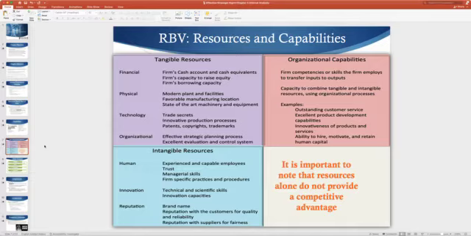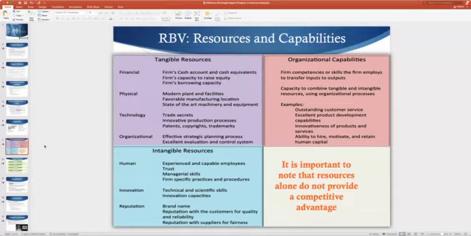Physical. Now we're looking at the plants and facilities and whether or not those plants and facilities are located in favorable manufacturing locations. And then the machinery that is used within those plants and facilities, are they state of the art? Technology.